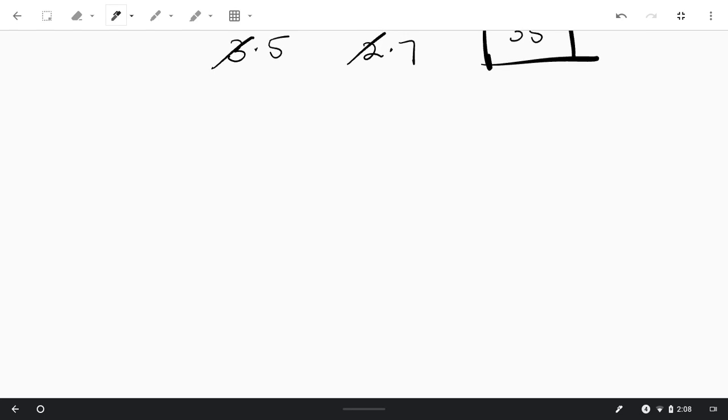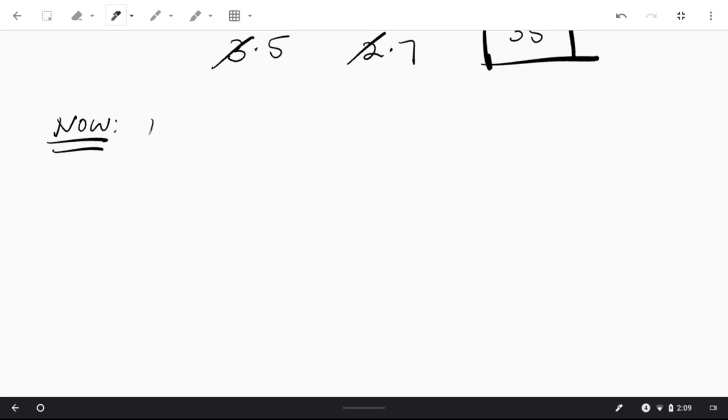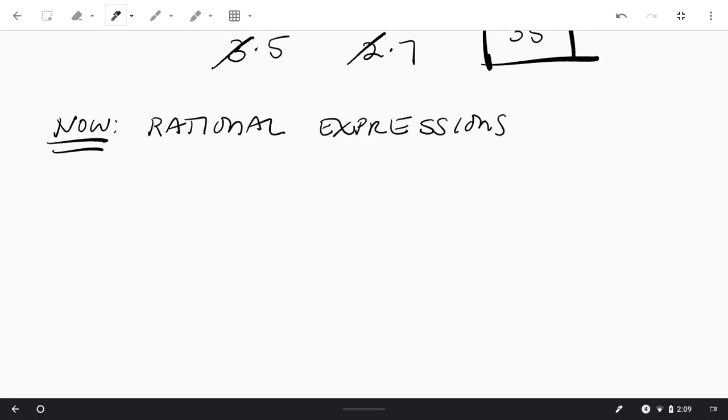So let's go ahead and take a look at rational expressions. Let's take a look at simplifying first.